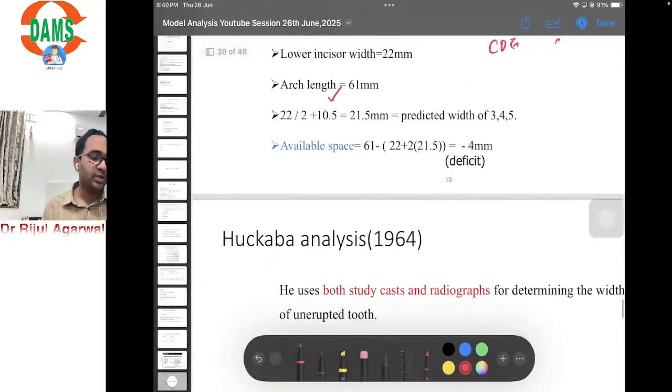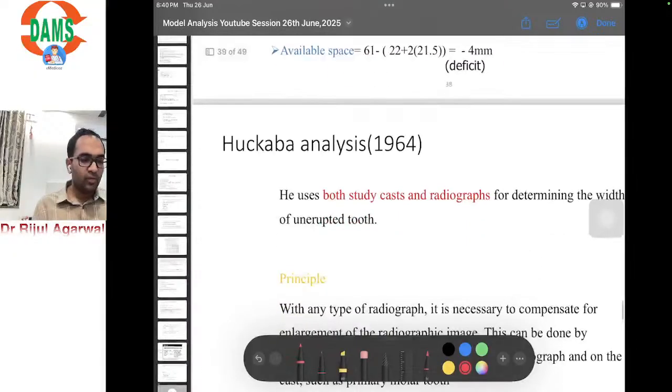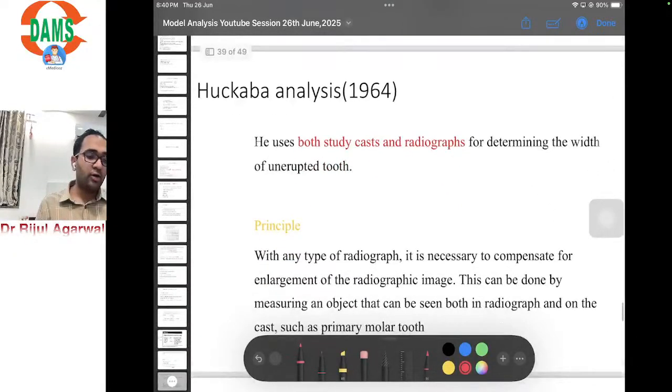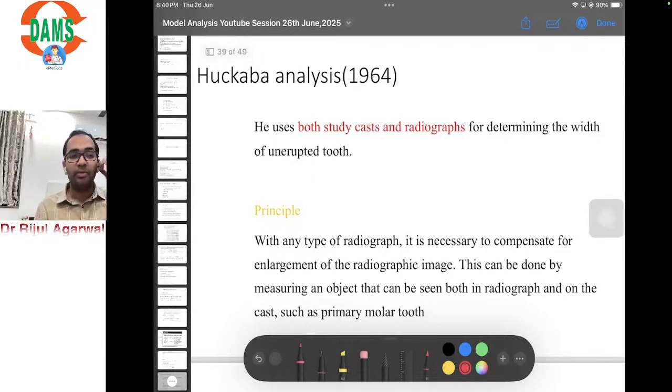If it's plus, there is spacing. Very easy to do. Just remember 10.5 for lower, 11 for uppers. Moving ahead to the third, if anyone has any doubt in Tanaka Johnston, do ask, because a calculation based question came in the last exam.